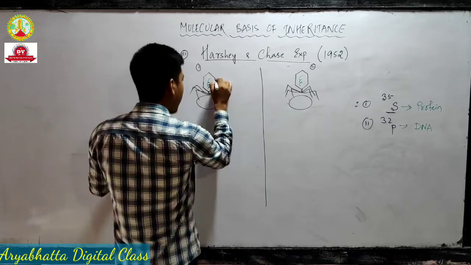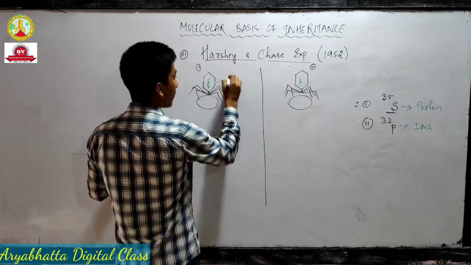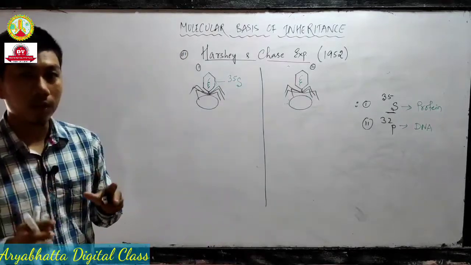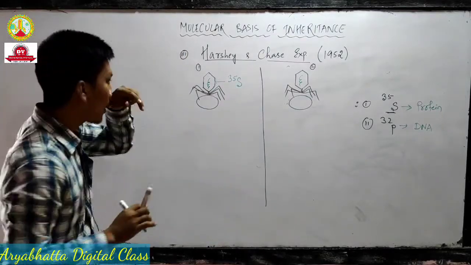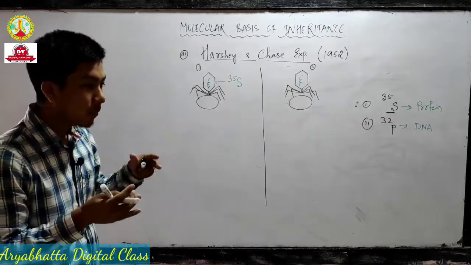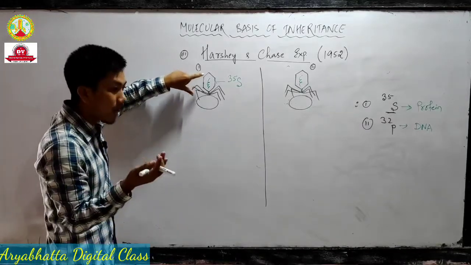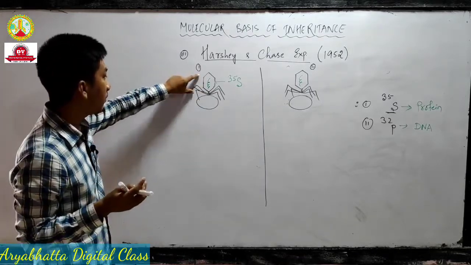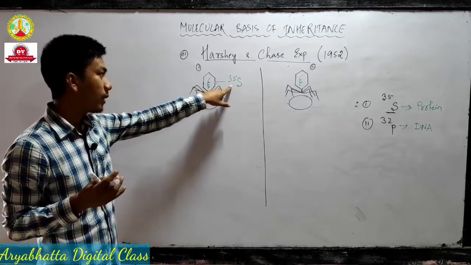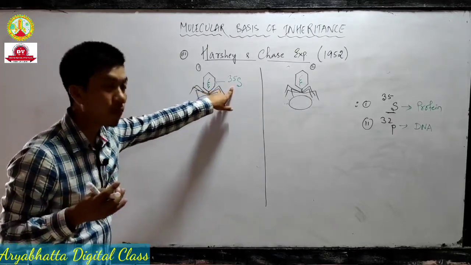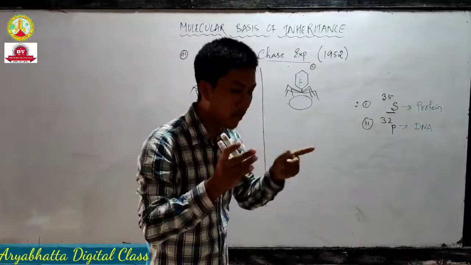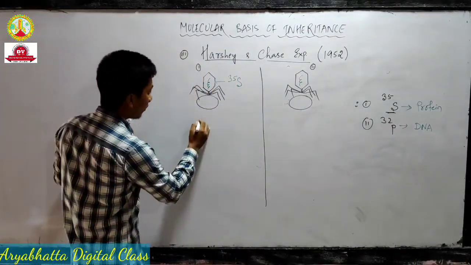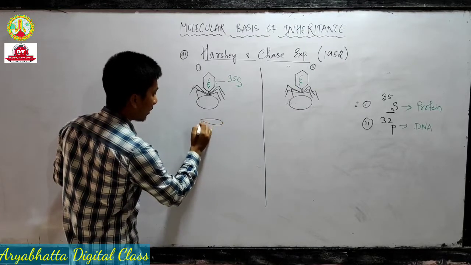So they labeled the protein with the radioactive element sulfur 35, and they allowed the virus to infect the bacteria, not with DNA labeled. They did this experiment in a test tube. Okay, here we have a test tube.